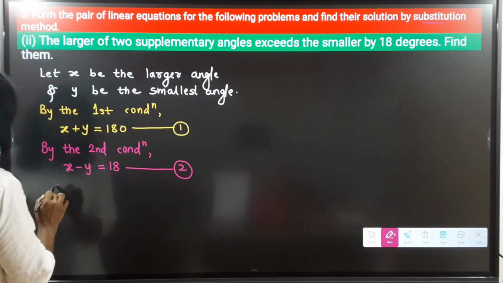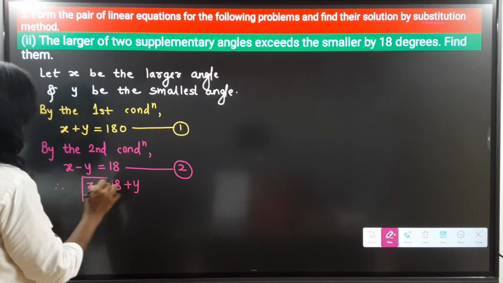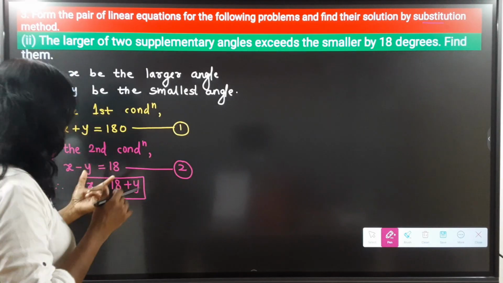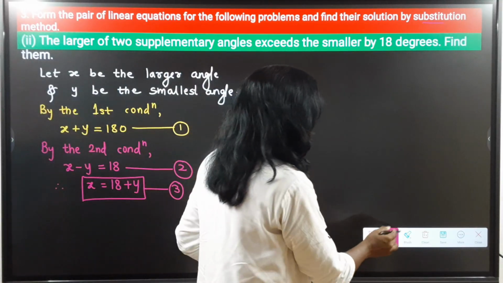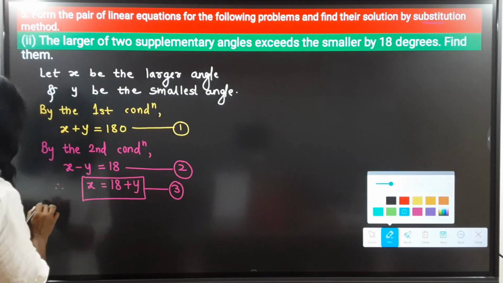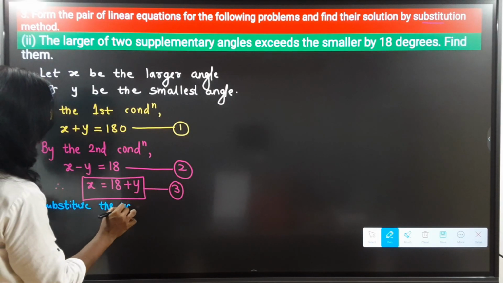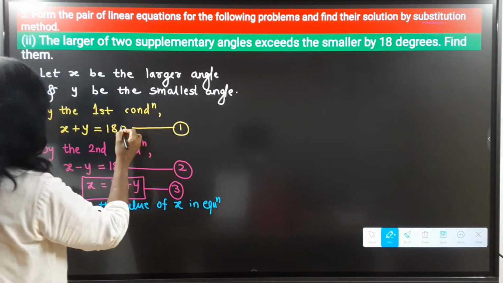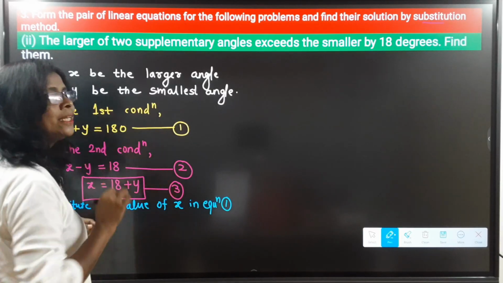So x is equal to 18 plus y. I get a new equation for the value of x, and I call it the third equation. Then substitute the value of x in equation 1, because we got the third equation from the second equation.